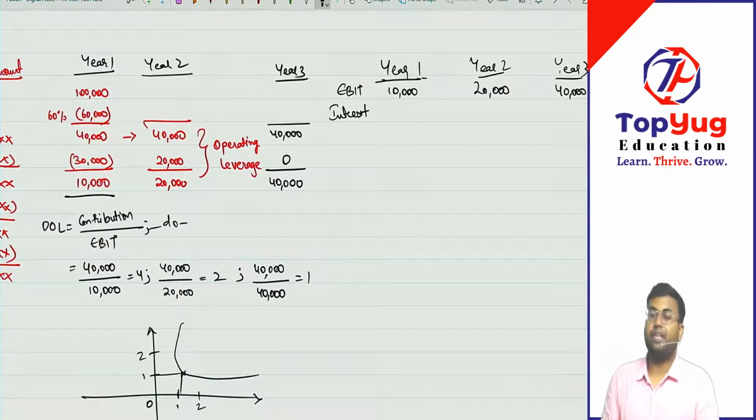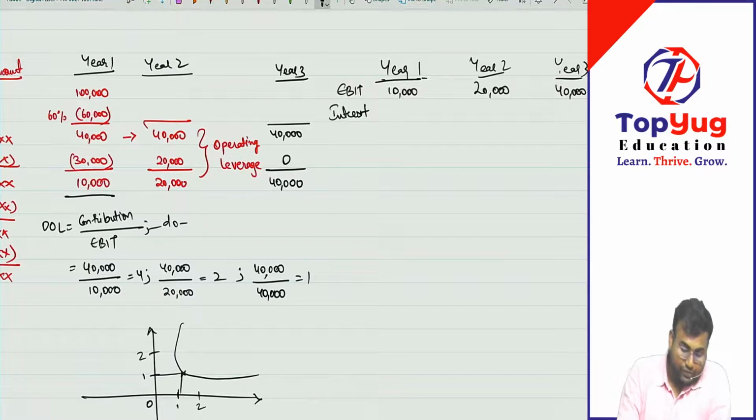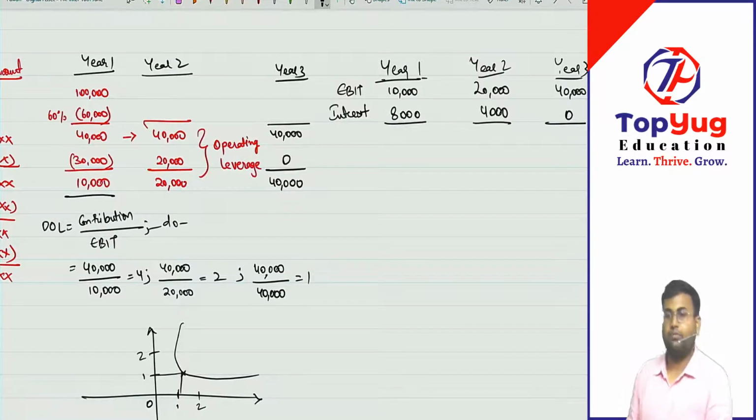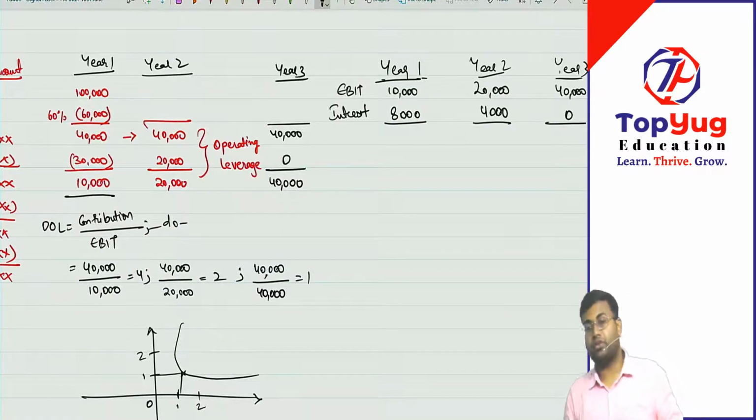What is scenario 1? I have an interest, which was supposed to be, say, 8,000, which I was further able to reduce to 4,000, and which I was further able to reduce to 0, right? Can you reduce your interest cost to 0?